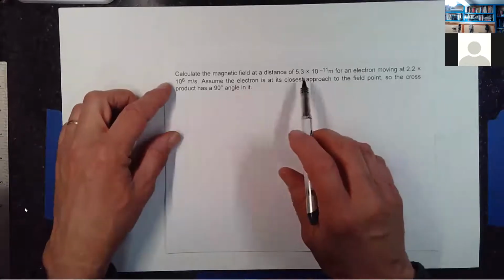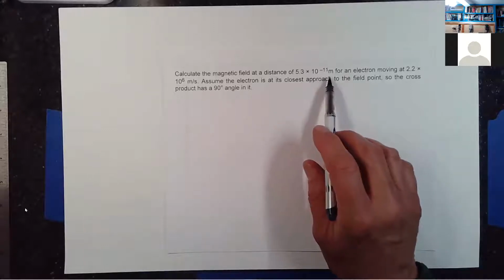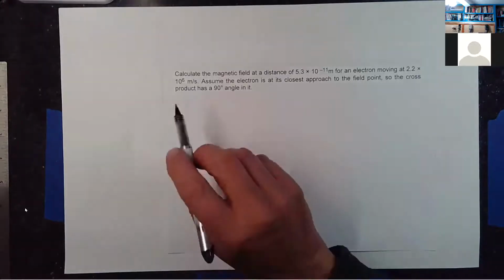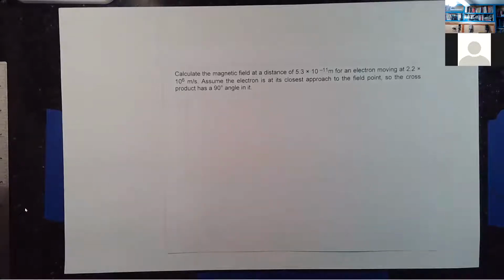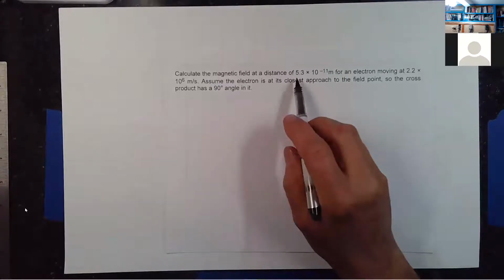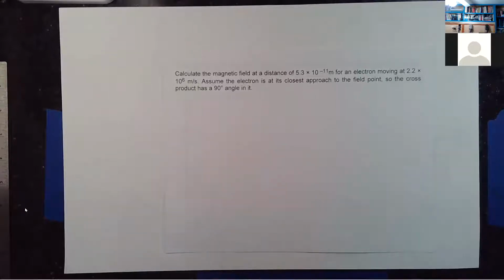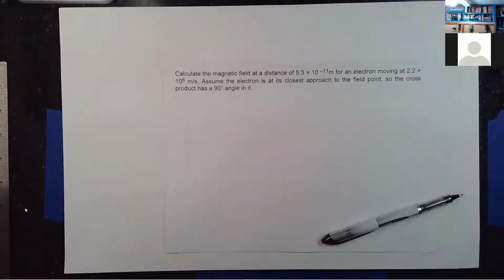So calculate the magnetic field at a distance of 5.3 times 10 to the minus 11th meters for an electron moving at 2.2 times 10 to the 6 meters per second. Don't know if you remember it or not, but yesterday we calculated the current that would be produced by an orbiting electron at this distance from the proton and moving at that speed. And from that current, we calculated a magnetic moment for that electron.